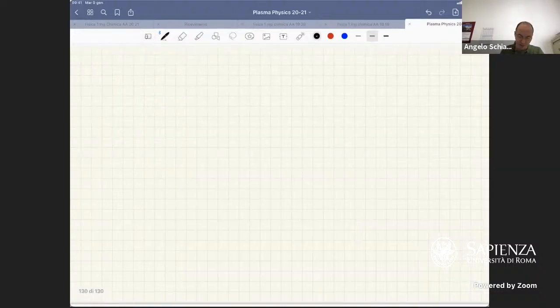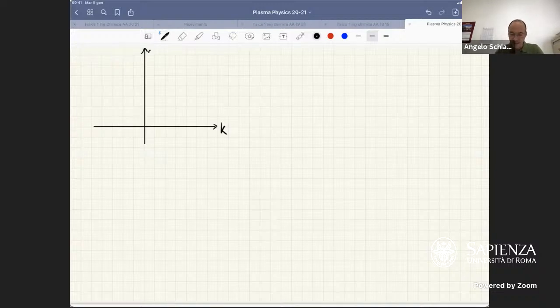So for instance, let's take our one-dimensional dispersion relation. We put k, the wave number, and omega. Let's suppose we have an initial state like this one here, which is represented by a point in the dispersion relation plot, and this is called the zero wave.